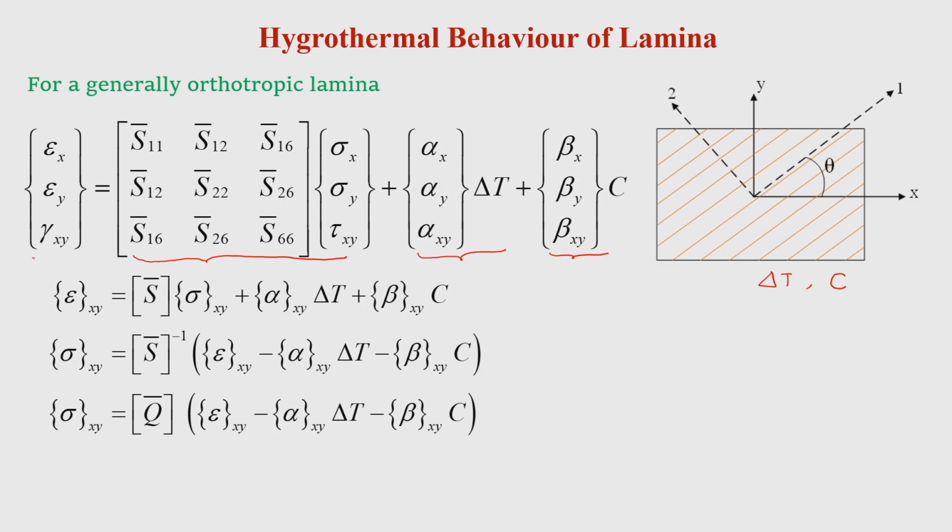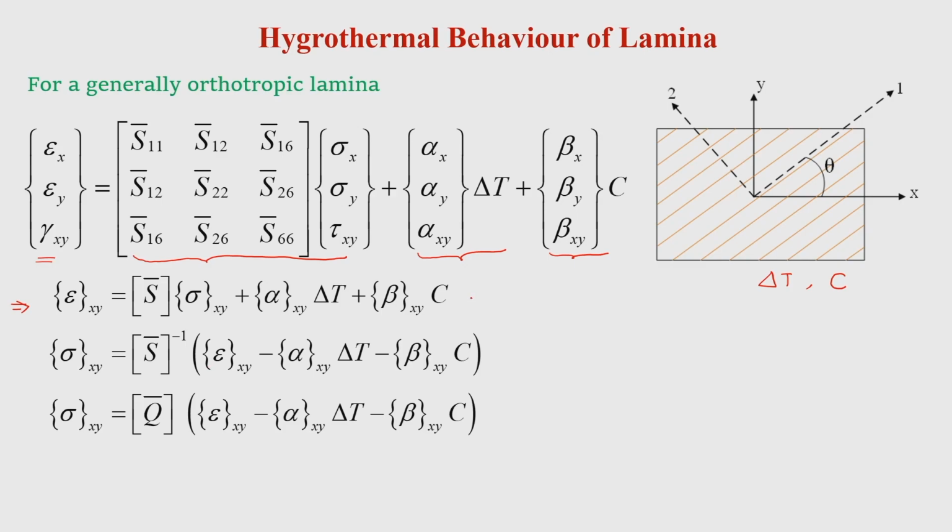So, the total strain in the global axis is given by this. Okay. So, we can write in short that epsilon x y is equal to S bar, where S bar is the compliance matrix, reduced compliance matrix.